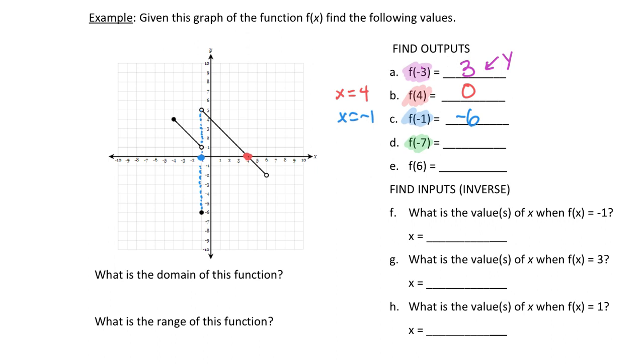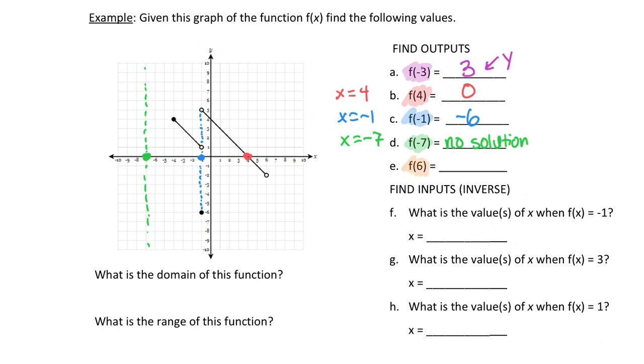So f of -7 means that my x value is going to be -7. So if I go out to -7 and I go up and down here, I can see nothing. There's no points. This one has no real solution, or we could just say no solution here. All right, and then for this last one, we're going to look at f of 6.